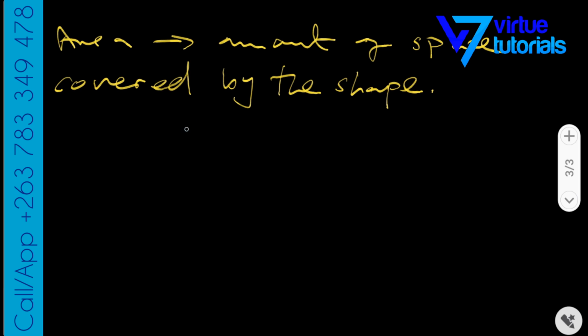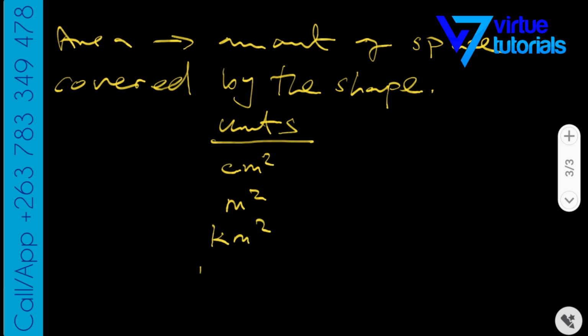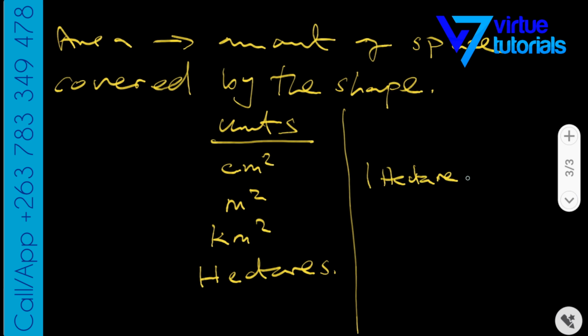Area has commonly used units: centimeters squared, meters squared, kilometers squared, and even hectares. 1 hectare is equal to 10,000 meters squared, and 1 kilometer squared is equal to 100 hectares.